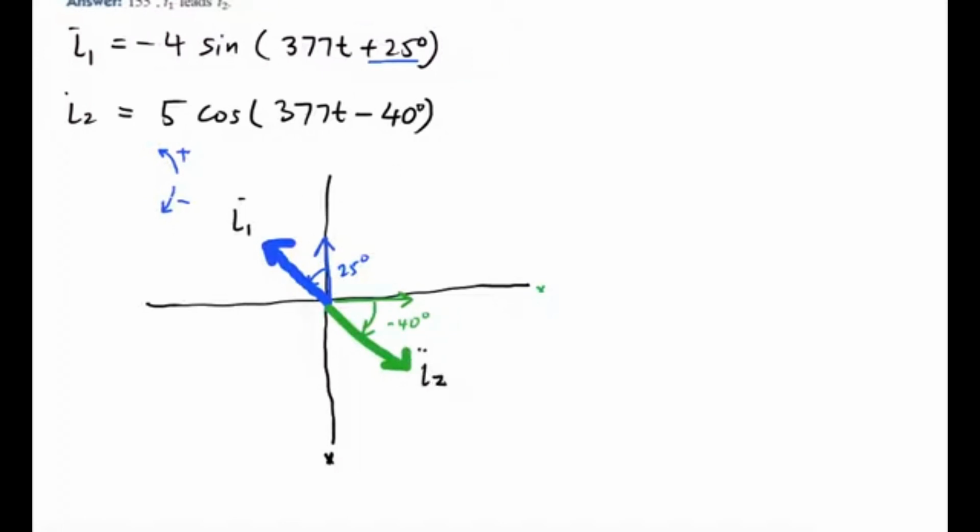So this is your I2. Now, which one leads? Take one as your reference, for example I1. If we refer to it like this, you can see it as either leading or lagging.